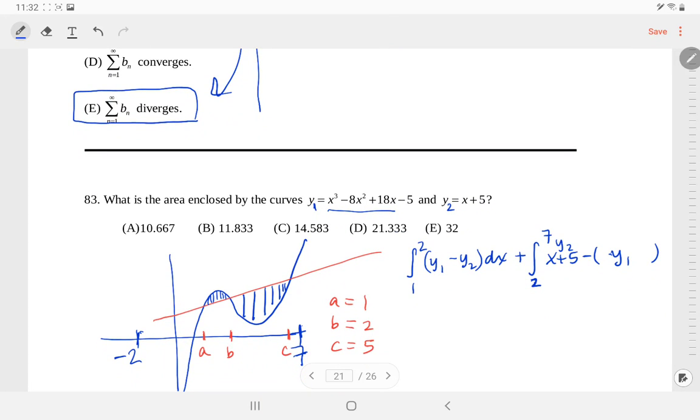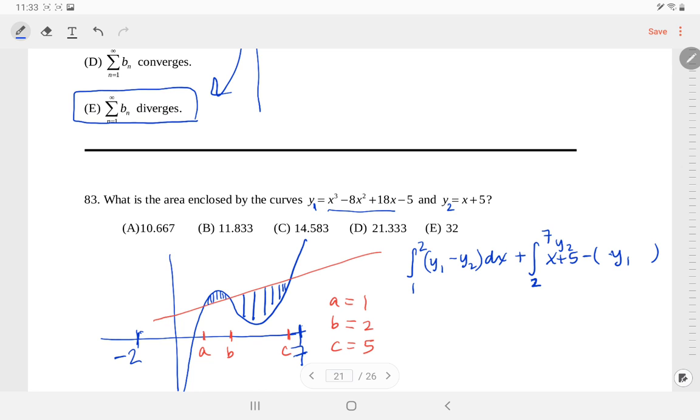Isn't that what the picture looked like? Let me look back at the picture. Yeah, 1 to 2. The curve's on the top. And then the line is on the top, which is y2 minus our y1.